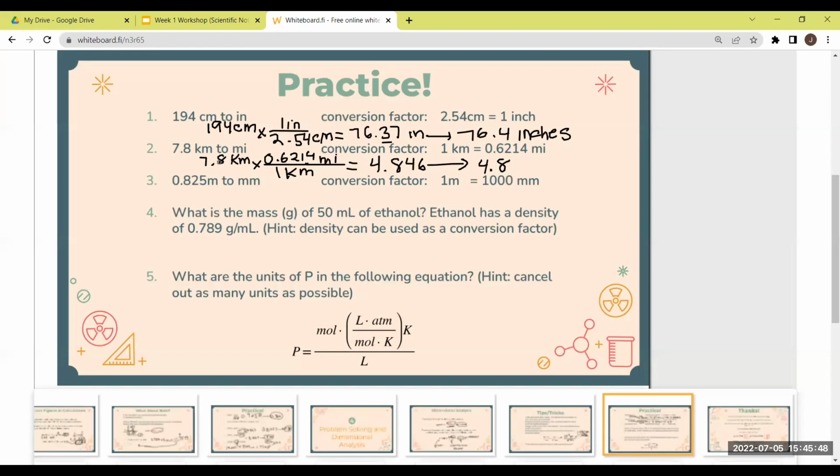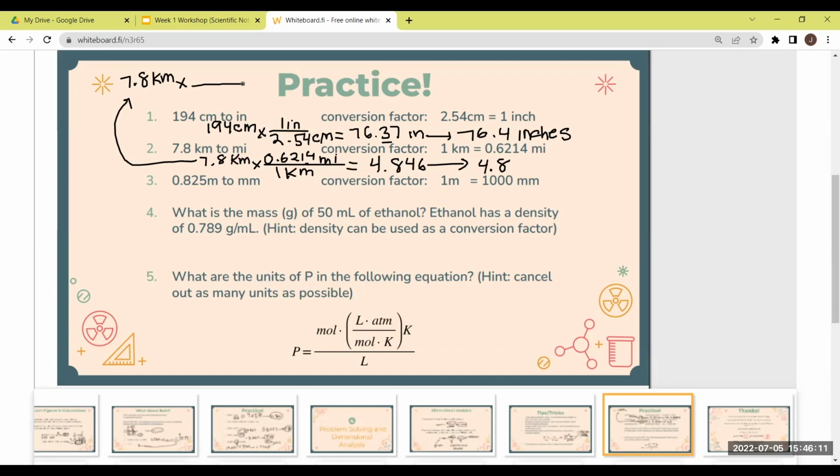And continuing on, actually for number 2, there's more than one way you can represent this conversion factor. So I'm going to write another one up here. As an alternative route, we can write 7.4 kilometers and 7.8 kilometers.